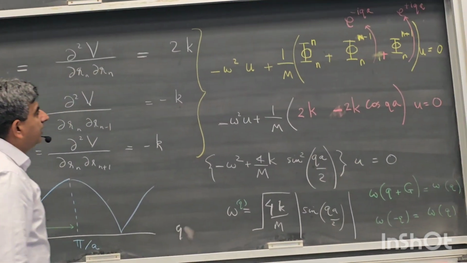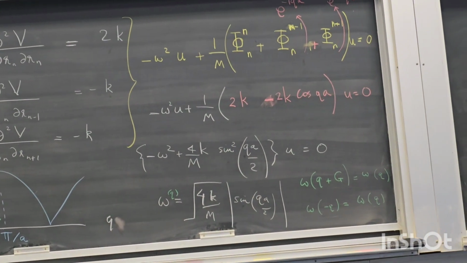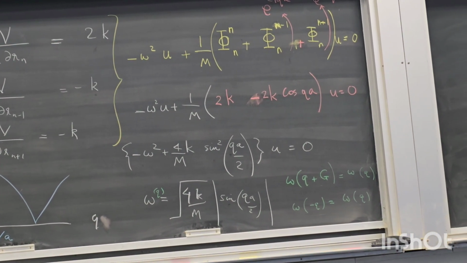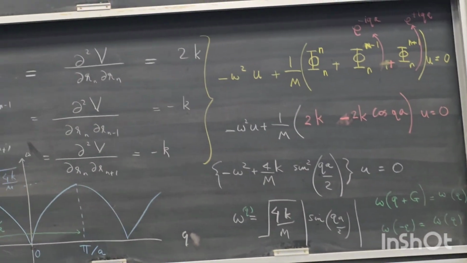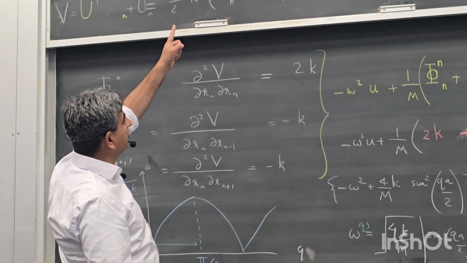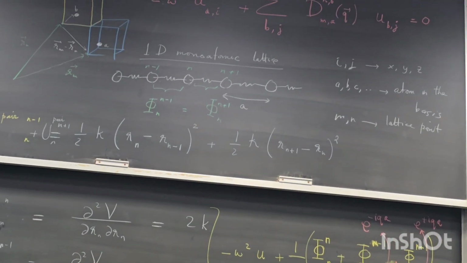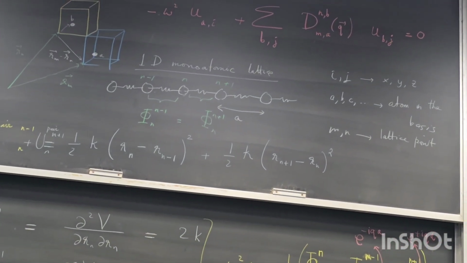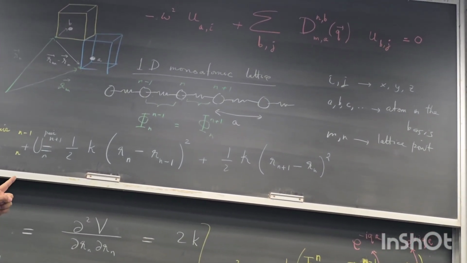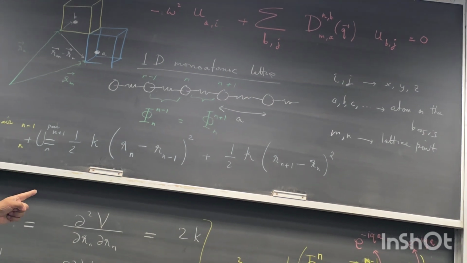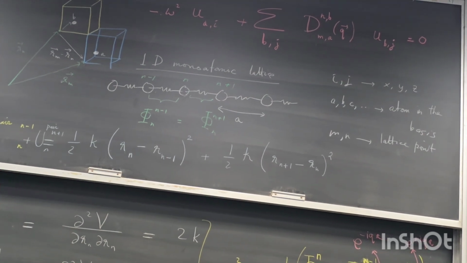I can also immediately show that this equation of motion that I've written in pink over there is independent of, if I do a translation in the reciprocal space by G, that equation does not change.